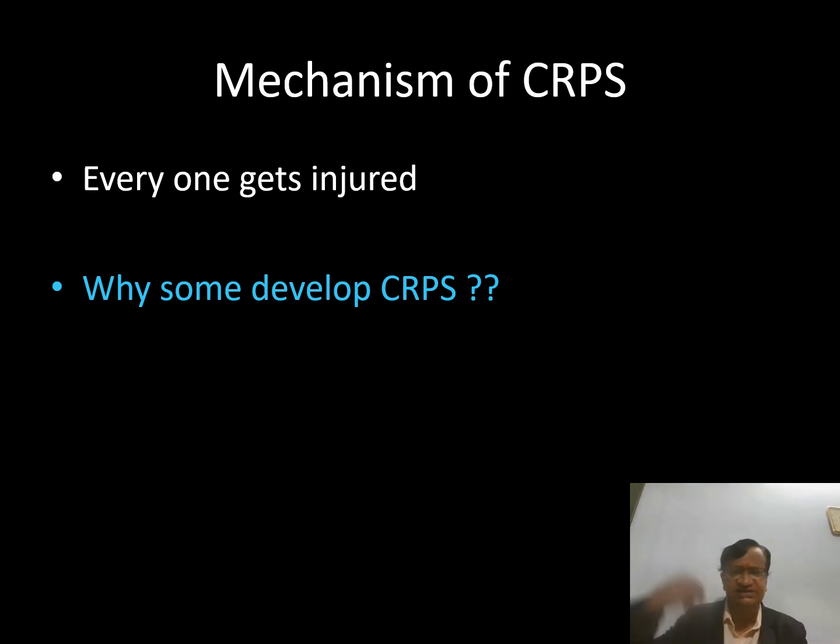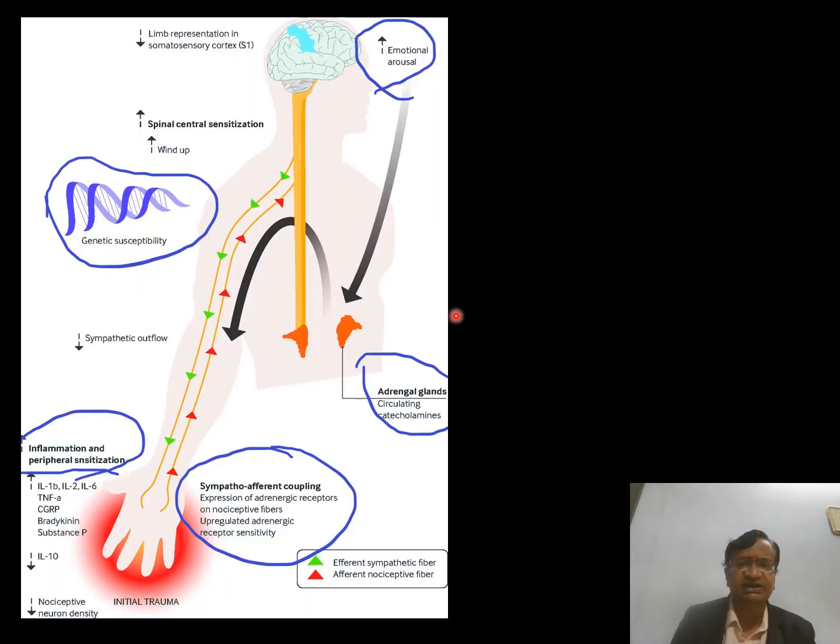Now, everyone gets injured. Why should 7 to 10 or 15% develop CRPS? Now, I am telling you, this is an injury. There is a sympatho-afferent coupling. Down is sympathetic, up is afferent. There is a sympatho-afferent coupling. So, sympathetic is a problem. There is a genetic susceptibility.